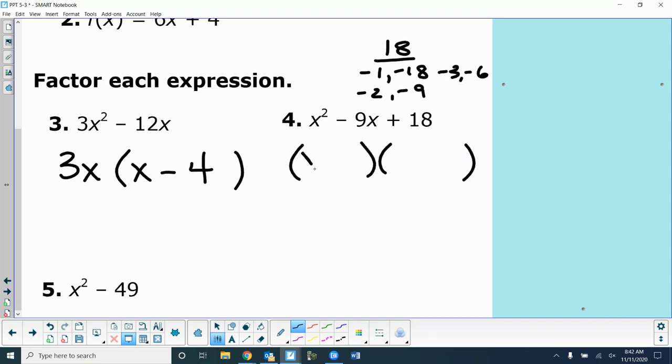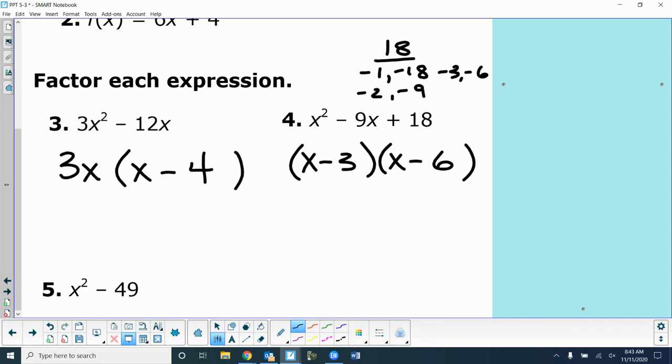Since A is 1, x times x gets you x squared, and then you put minus 3 and minus 6. Again, if it was equal to 0, we'd finish by setting them equal to 0, but this is just factoring practice.